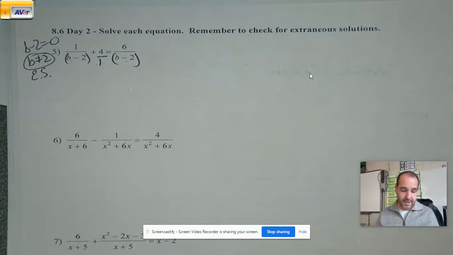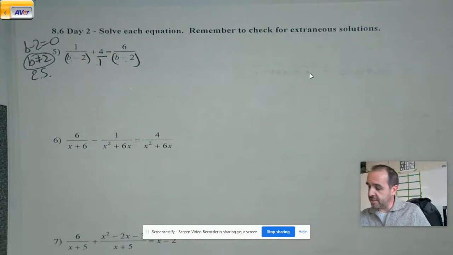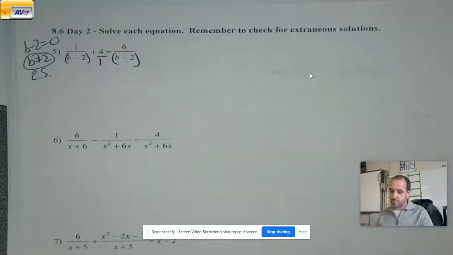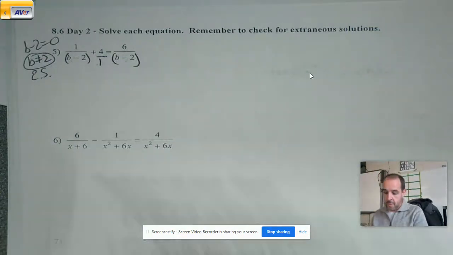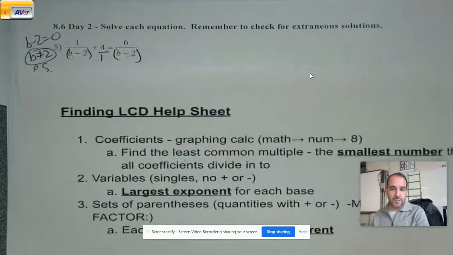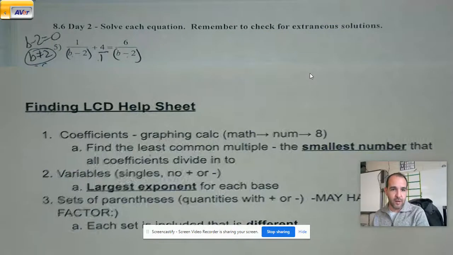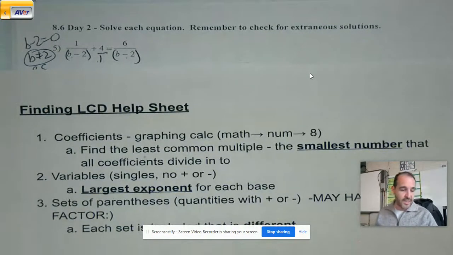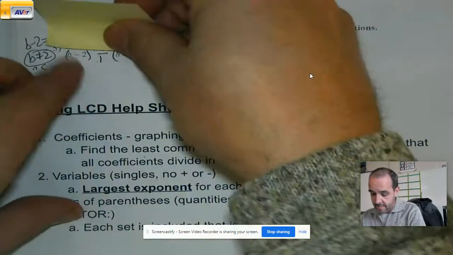Okay, so now what else am I going to do? I need to find my greatest common multiple, my greatest common factor, to help me through this. So reminders again, when we're looking at this, the help sheet that we've talked about and talked about and talked about. We're just looking at denominators for this first part.